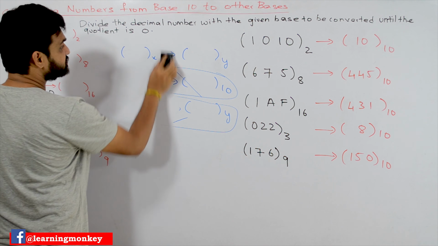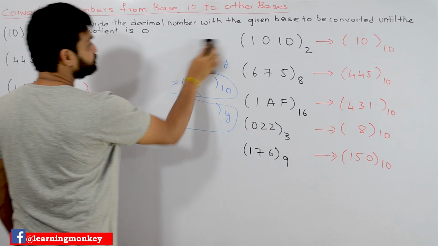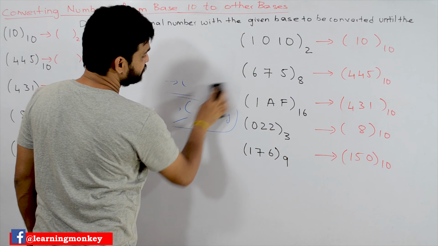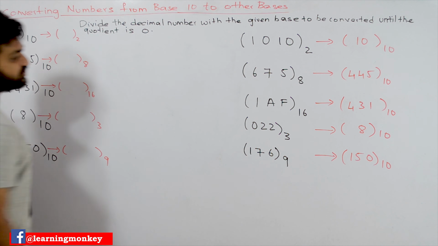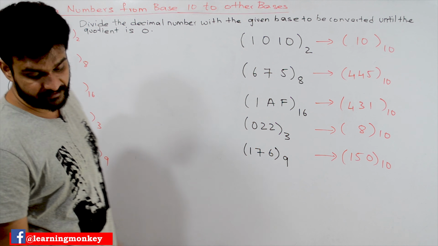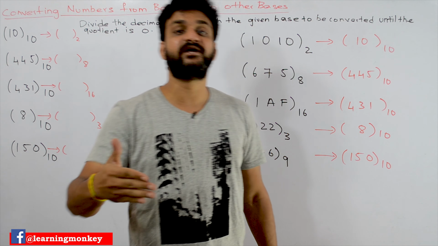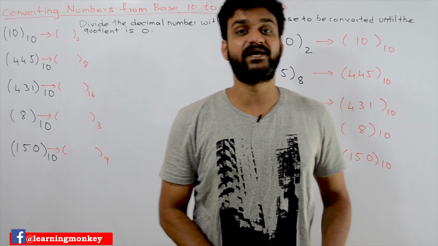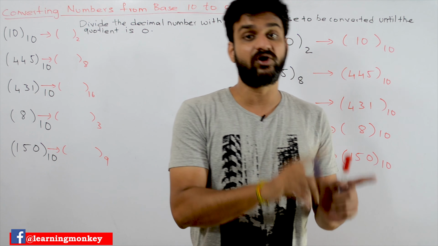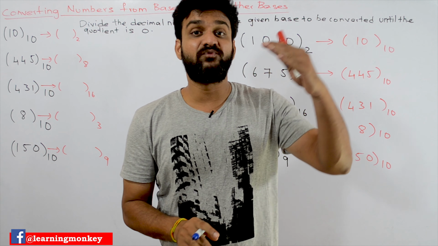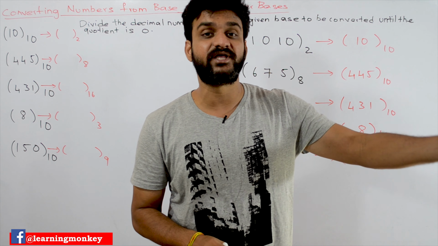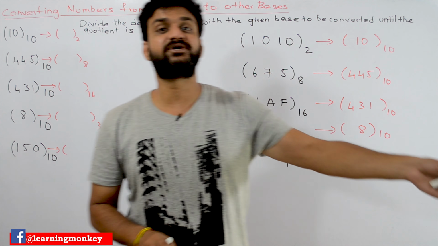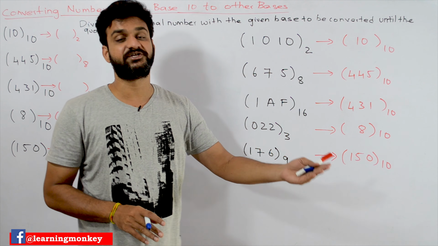Coming to this class, how to convert a number given in base 10 to other bases. In our previous videos we discussed the conversion of a decimal number to a binary number. Please watch that video also, because the model used there, we are going to adapt for every conversion.